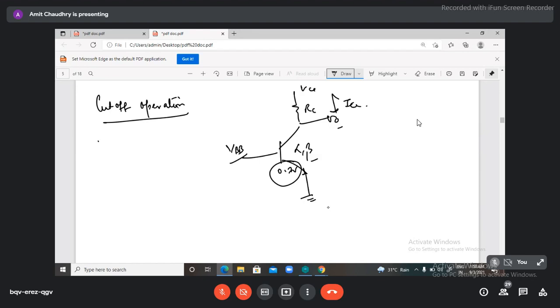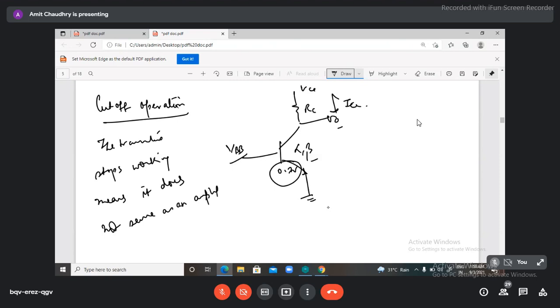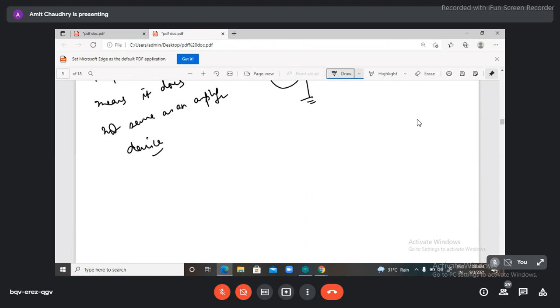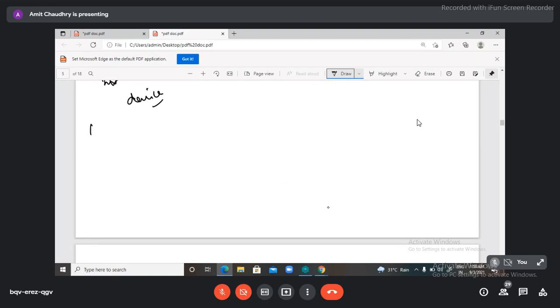Cut off means that this transistor stops working. Working means it does not serve as an amplifier device. Okay. Now, how will it be done? How can it be stopped? Yes, anyone?